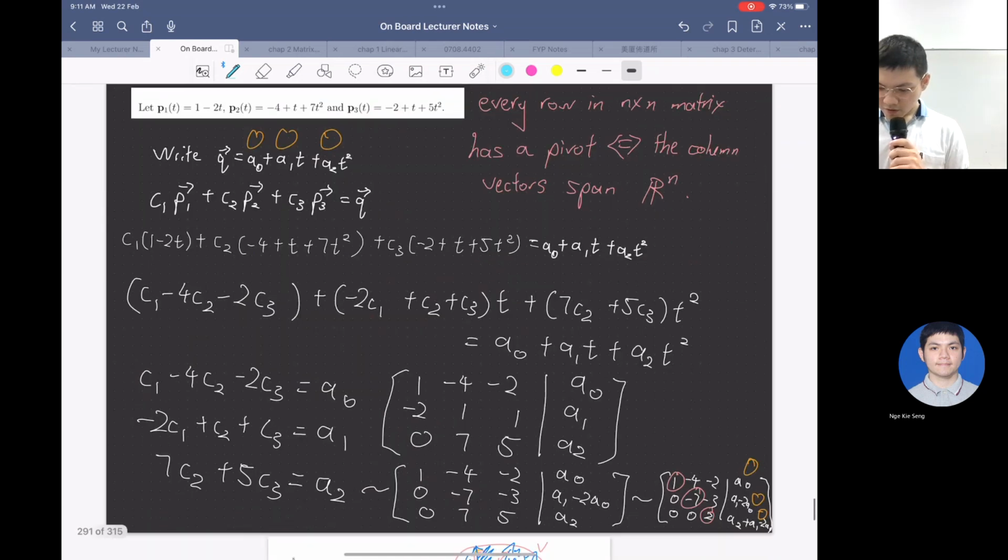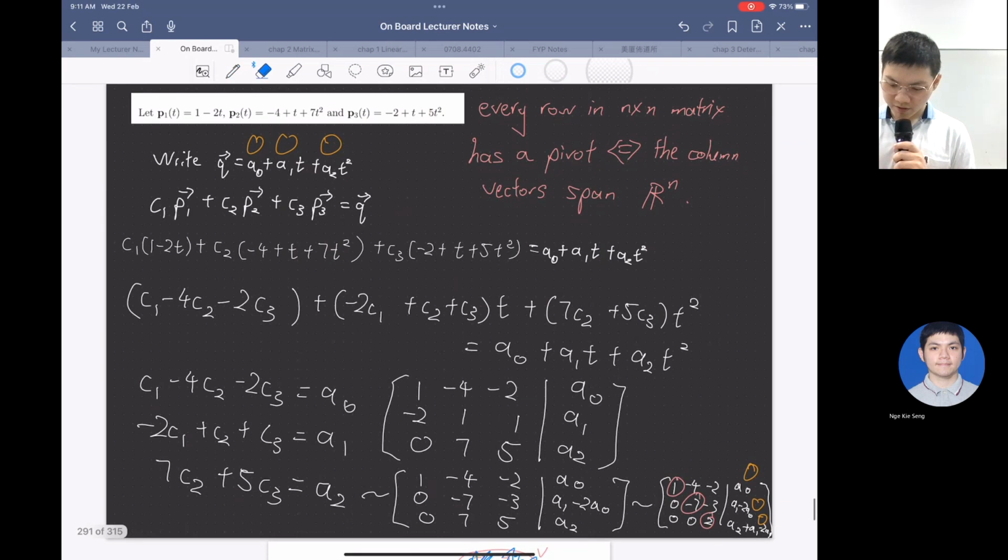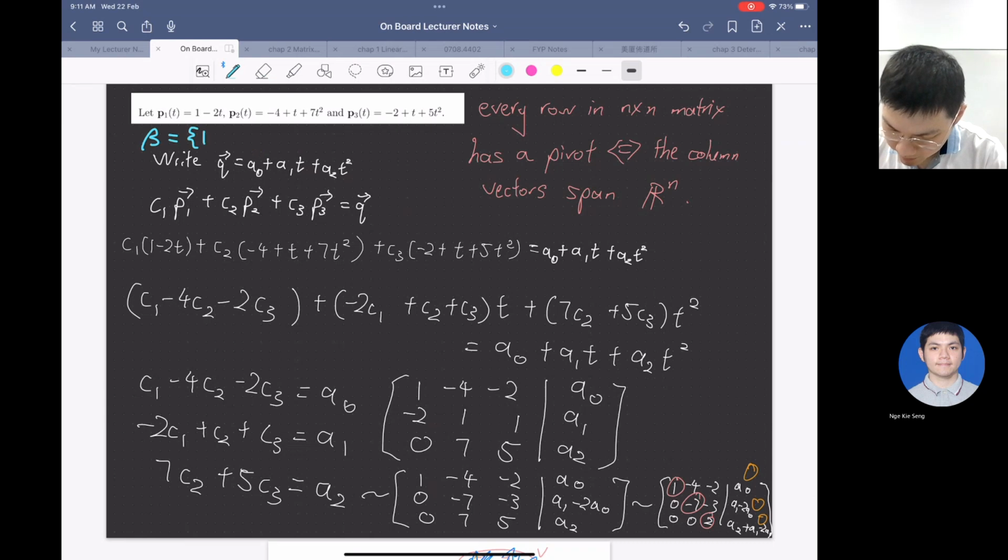This is the space of polynomials of degree at most n. So the basis of Pn is 1, t, and t squared. What is the coordinate vector for P1 in this case?